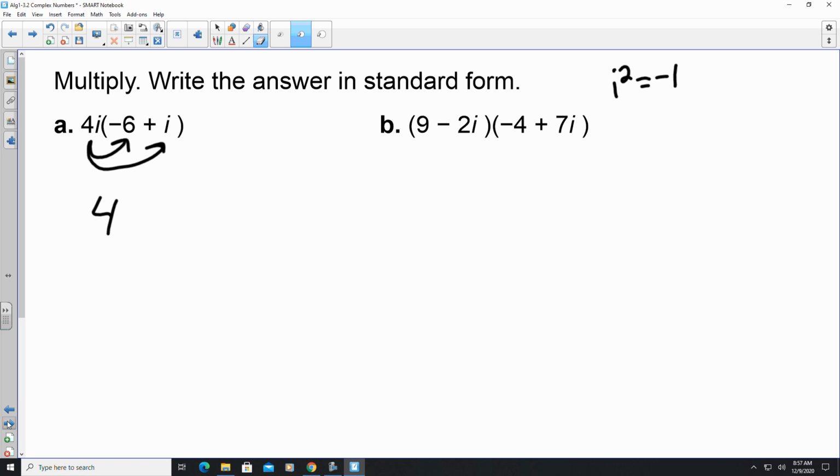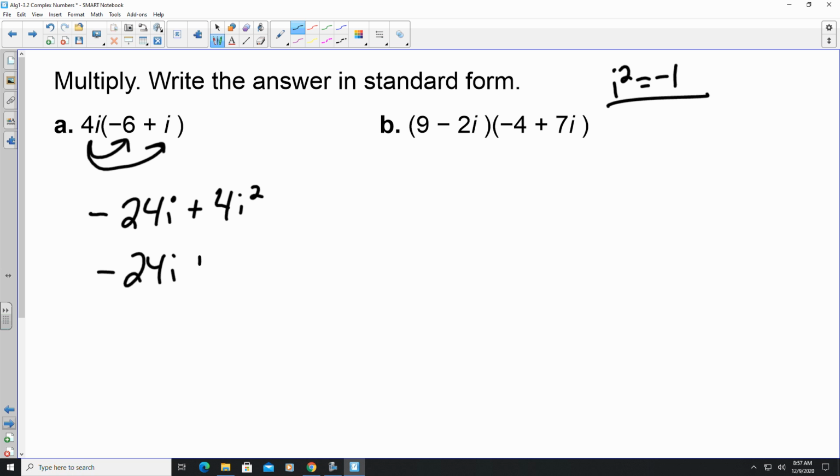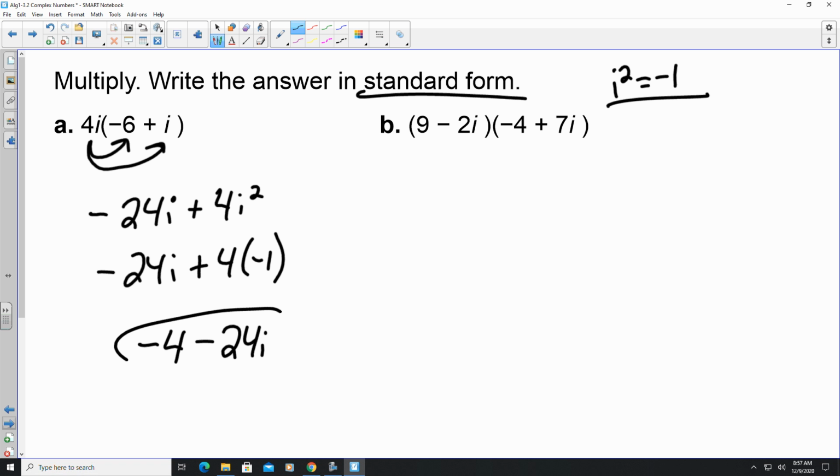Oh, I'm sorry, this turns into negative 24i, and then this is going to be plus 4i squared. But remember, i squared equals negative 1, so now this turns into negative 24i plus 4 times negative 1. So to rewrite this in standard form, this is going to be negative 4 minus 24i.